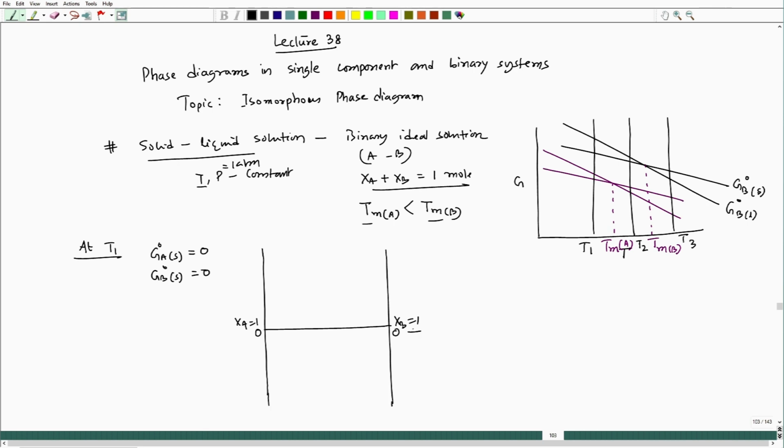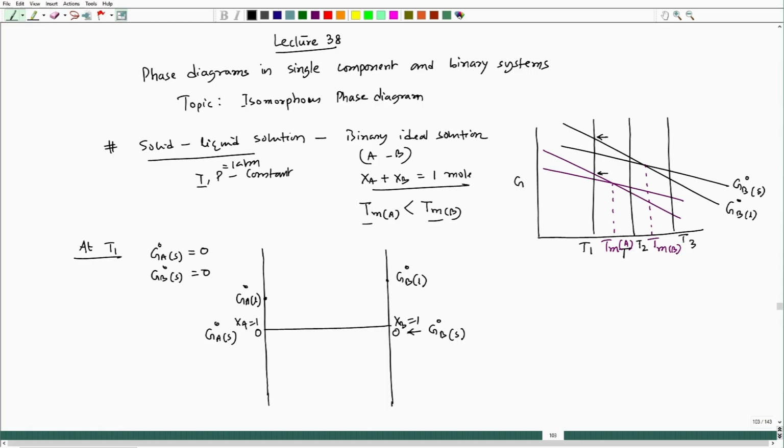So, this point reflects delta G naught B solid and here G A naught solid, and correspondingly I can place my liquid free energies of A and B. So, these two are the liquid free energies. I can put it here, this is G B naught liquid and here G A naught liquid.